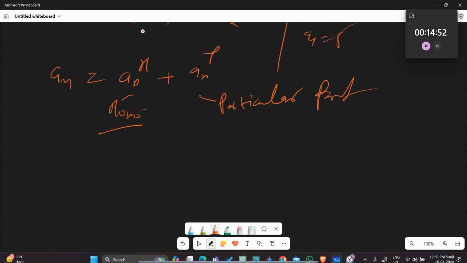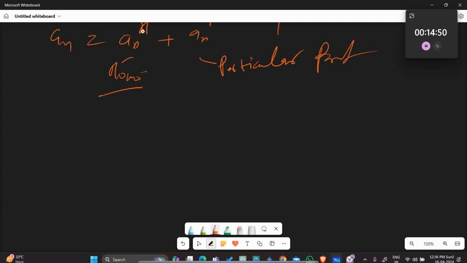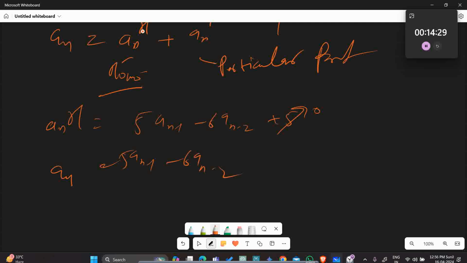Here a of n h equals 5 a of n minus 1 minus 6 a of n minus 2, and the 5 becomes 0. So this becomes the same, t is 3, 2. So a of n h is equal to c1 into 3 to the power n plus c2 into 2 to the power n. This is equation 1.